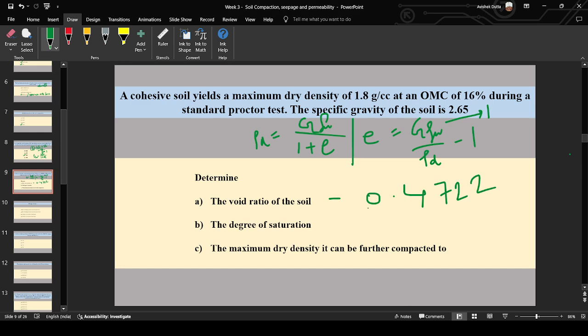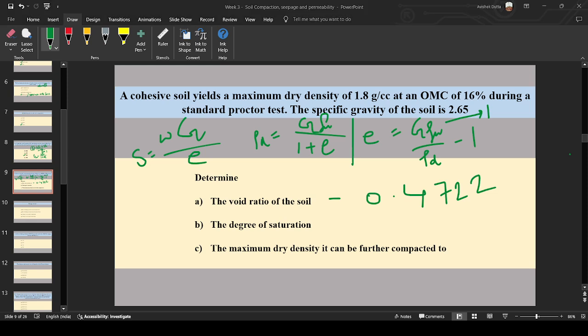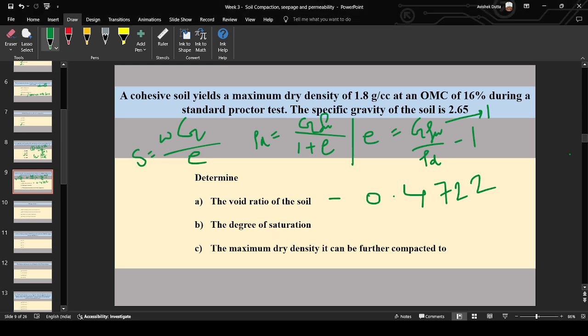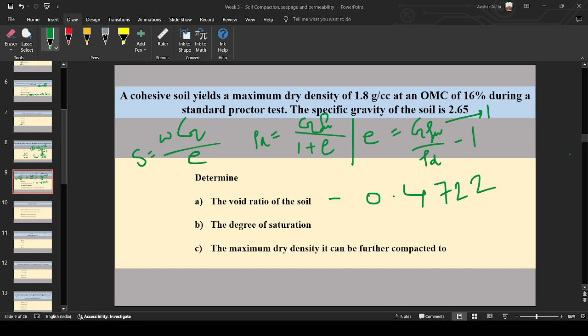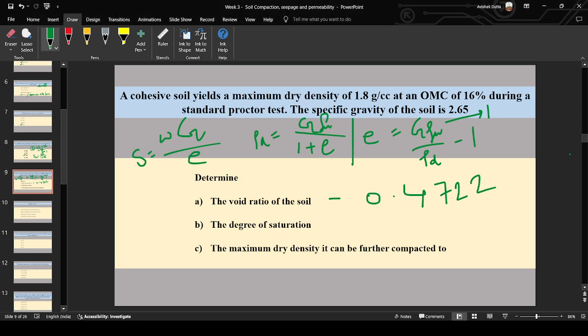Now the degree of saturation. What is the value of degree of saturation? What is the formula? E equals Wg by S. So S equals Wg divided by E. W is how much? W is 16%, or 0.16. G is 2.65.